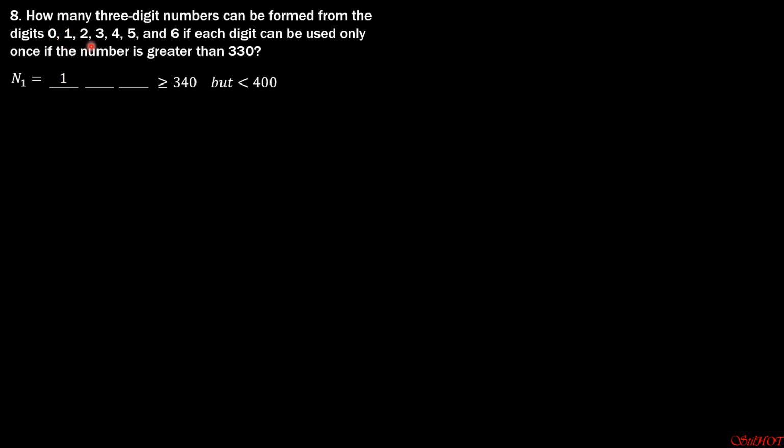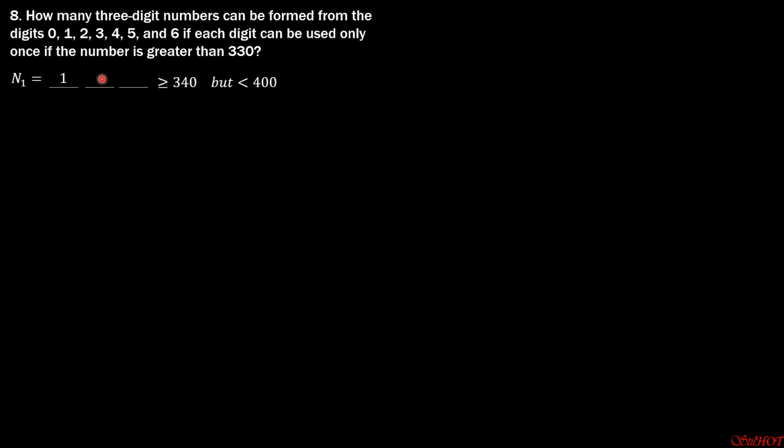So 0, 1, and 2 are also disqualified because they will be less than 330 definitely. So the next digit should be 4 or greater so that it is 340 plus, or even including 340, right?